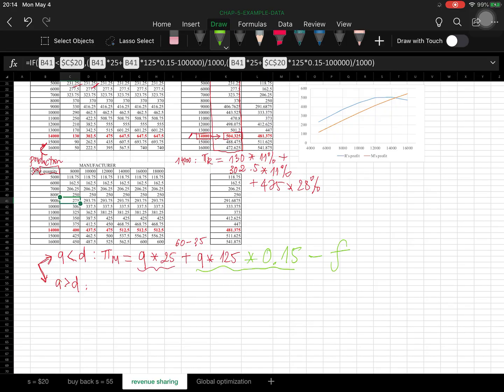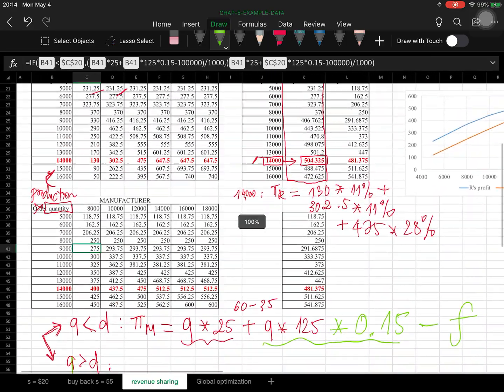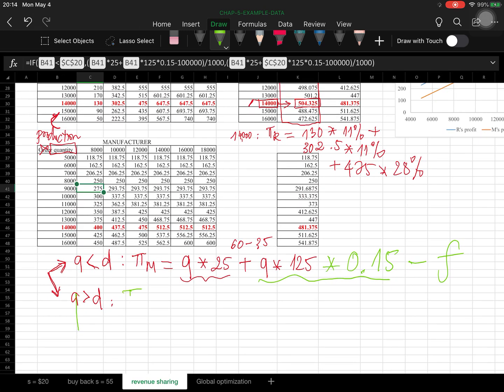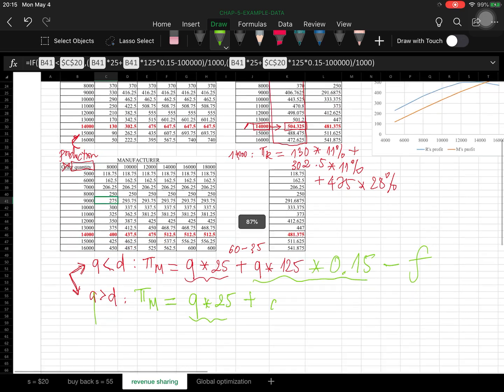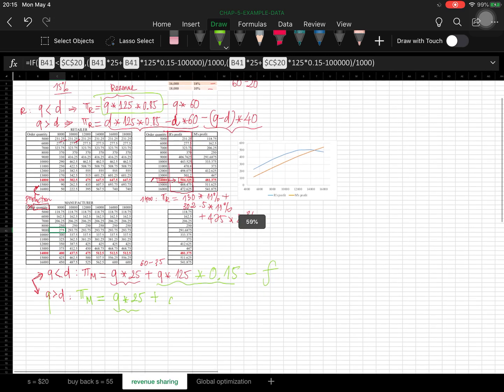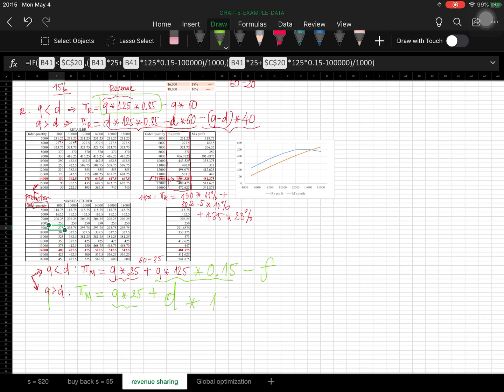Okay, in case the order quantity is larger than the demand, then the profit of the manufacturer will equal Q multiplied by 25, the profit of selling those quantities, plus also the revenue from the retailer, that is D multiplied by 25 multiplied by 0.15, and minus the fixed cost.